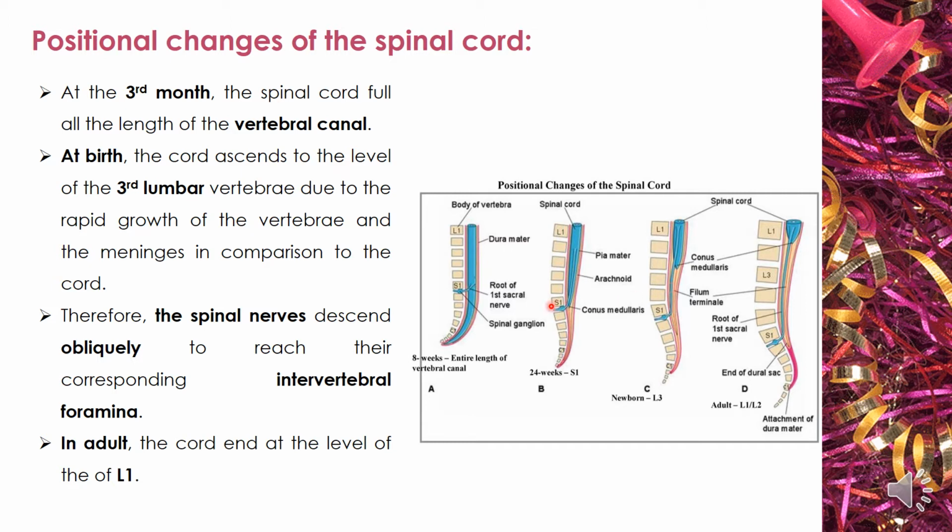Therefore, the spinal nerves descend obliquely to reach the intervertebral foramen. In adults, the cord ends at the level of the first lumbar vertebra.